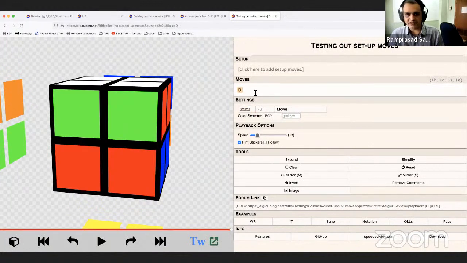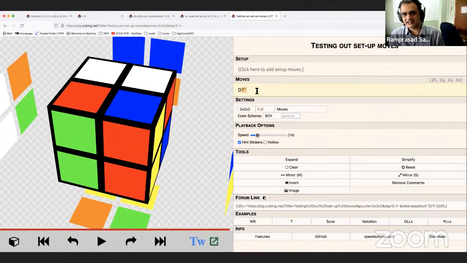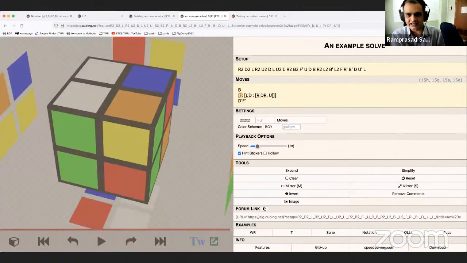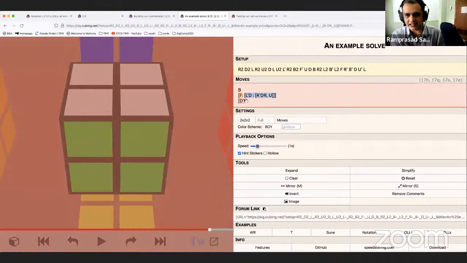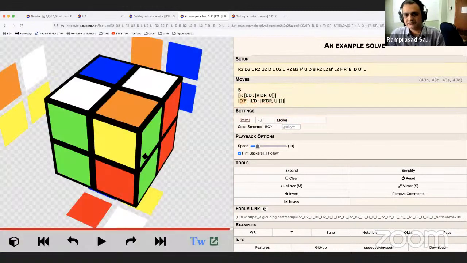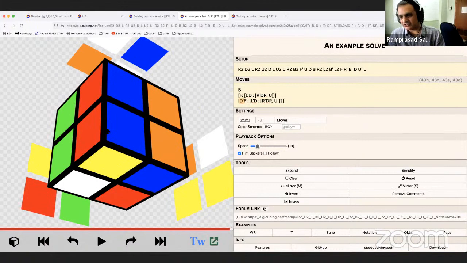Now I can bring it up here by doing F. Right, so this is what we want. Now we do the commutator of this, I mean, conjugate this with this applied twice. So what ends up happening is that that corner also got sorted.